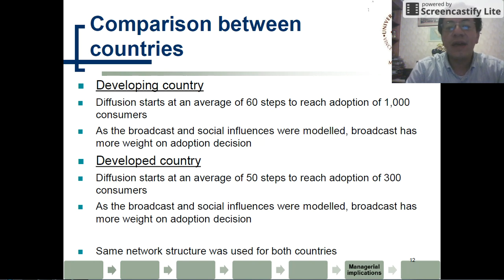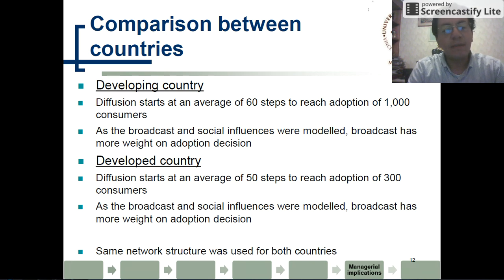Now, in the developed country, diffusion takes an average of 50 steps to reach the adoption of 300 consumers. And similarly, the broadcast has more weight in the adoption decision. For the sake of comparison, I used the same network structure for both countries.